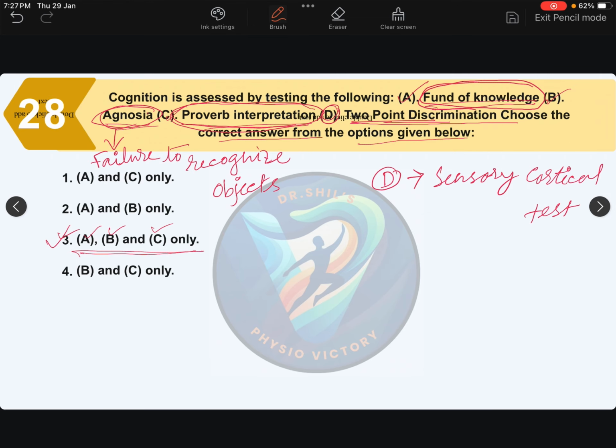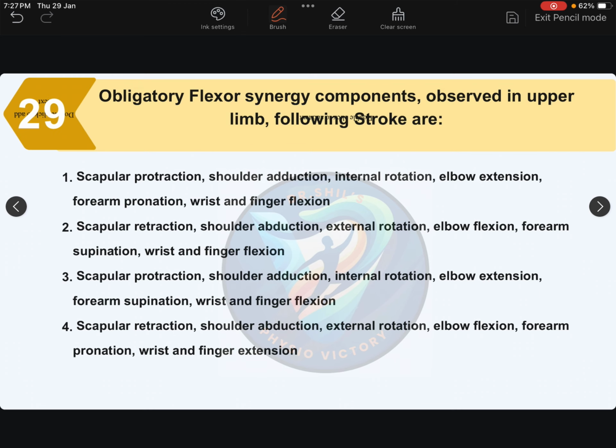Next, come to question number 29. Obligatory flexor synergy component observed in upper limb following stroke are option 1, scapular protraction, shoulder adduction, internal rotation, elbow extension, forearm pronation, wrist and finger flexion. Option 2 is scapular retraction, shoulder abduction, external rotation, elbow flexion, forearm supination, wrist and finger flexion.